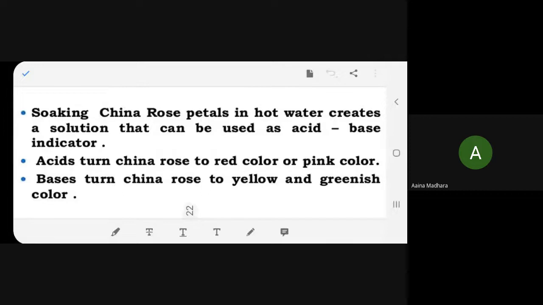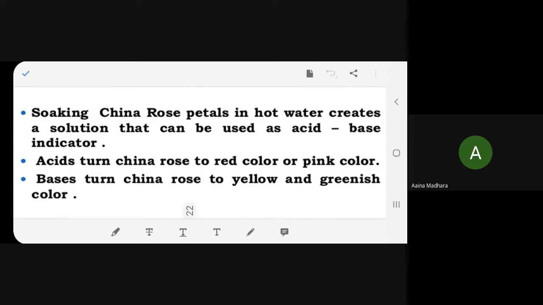And then after some time we'll see that the hot water will bleach the petals and take the color of the China rose petals. And now that solution will be used as an acid base indicator. If I add acid to it, this solution will turn red or pink.